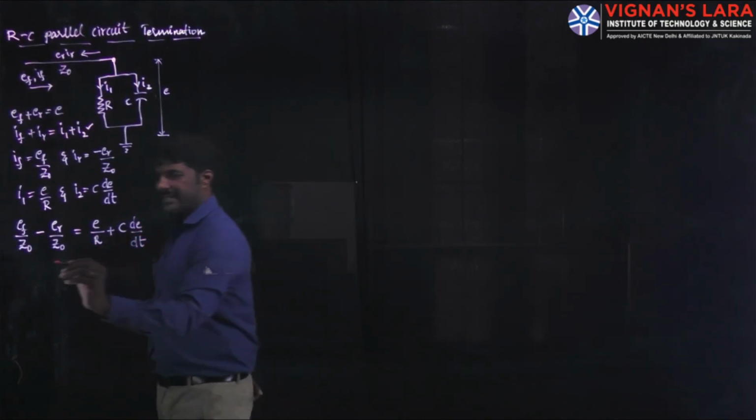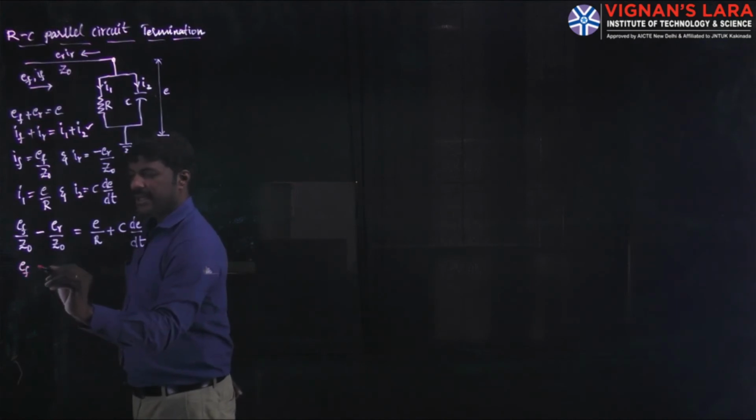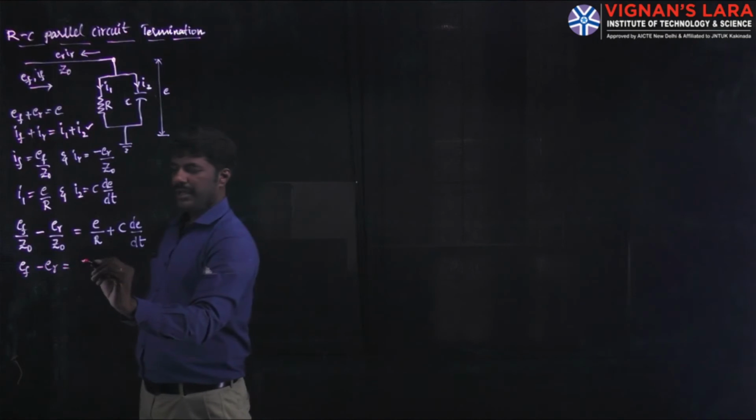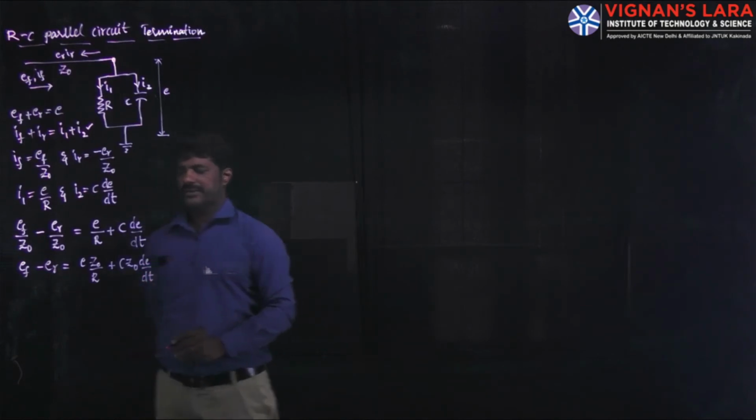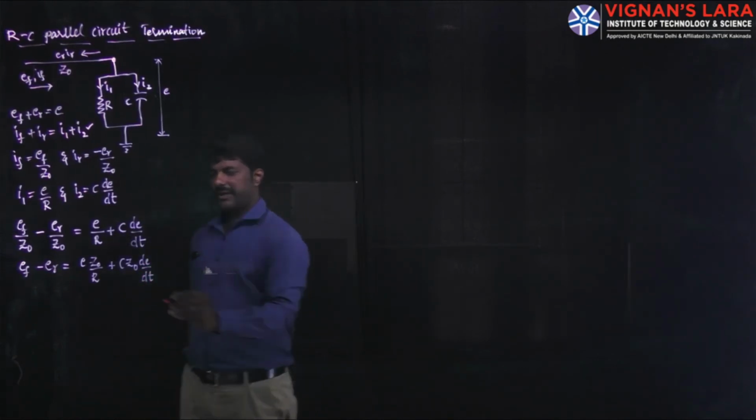So we can write this as EF minus ER is equal to E into Z0 by R plus C Z0 dE by dt in our simplification part. Let it be equation 1.